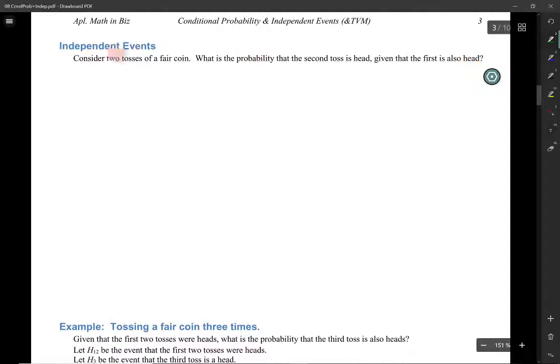So, 2 tosses of a fair coin, and we want to know the probability that the second toss is a head, given that the first is also a head.